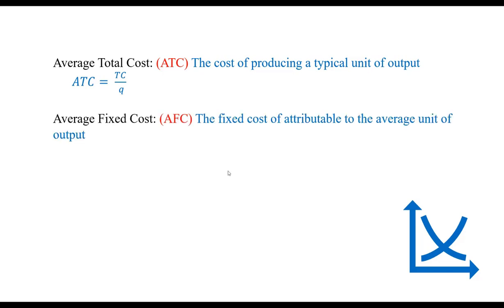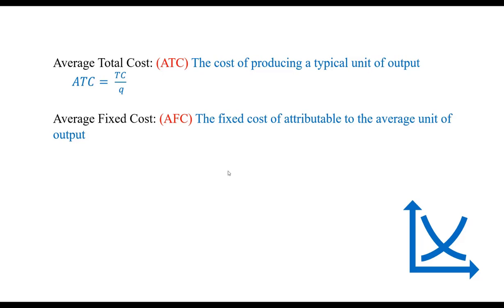Average fixed cost is the fixed cost attributable to the average unit of output. So we have a big stack of fixed costs. If we're producing very few units of the good, then each unit of the good bears a high proportion of those fixed costs.